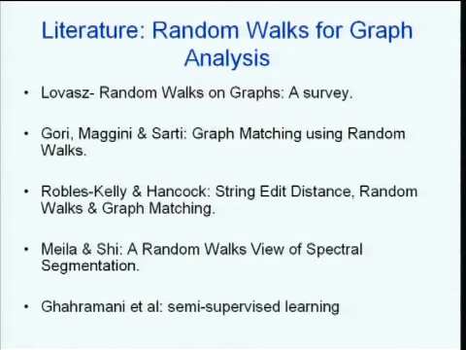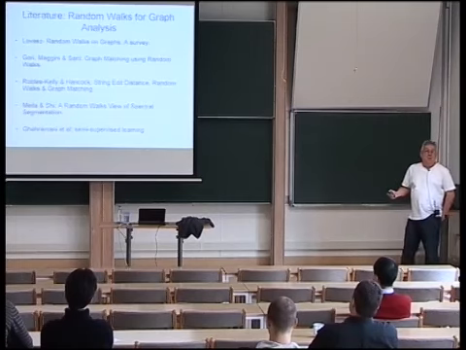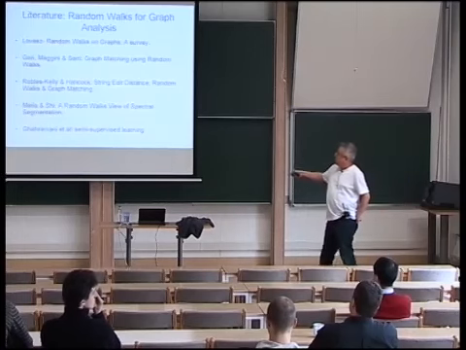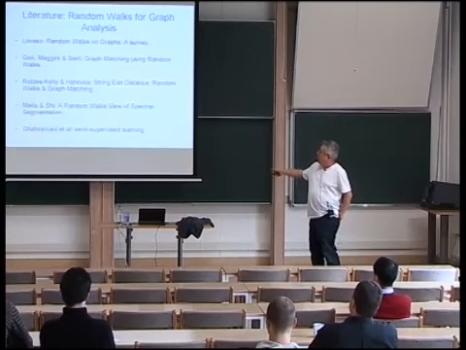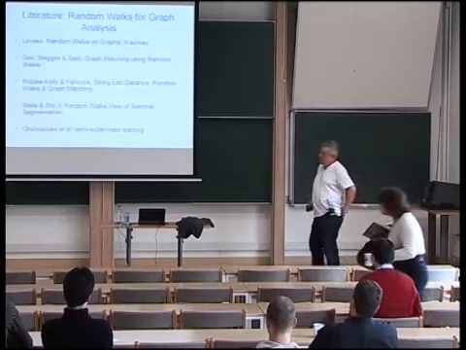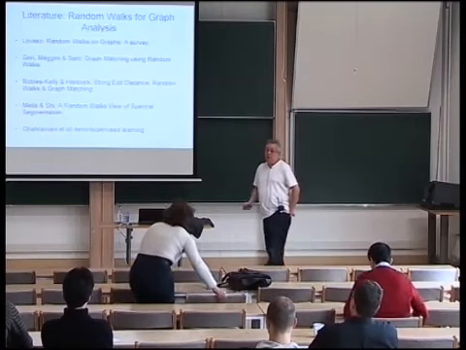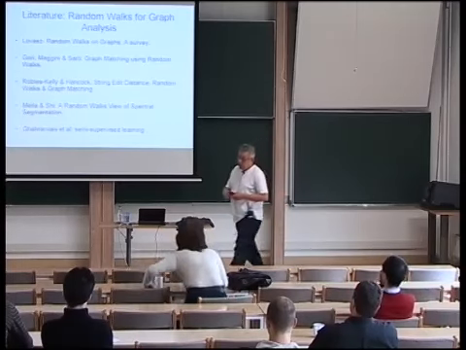For instance, Gori and collaborators have formulated the problem of graph matching using random walks. Recently, Meila and Shi have used random walks to analyze the results obtained using spectral segmentation, and Zhu et al. have developed semi-supervised learning algorithms based on random walks on graph structures that represent labeling problems.